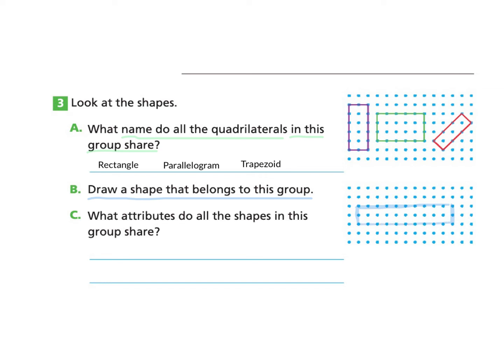Okay, now I have drawn a shape that belongs to this group because it is a rectangle, a parallelogram, and a trapezoid. Part C asks, what attribute do all the shapes in this group share? And I can answer that they all have 4 right angles, 2 pairs of opposite sides of equal length, and 2 pairs of parallel sides.